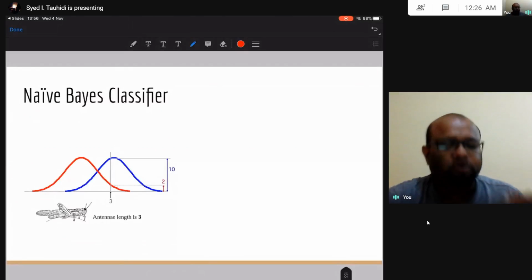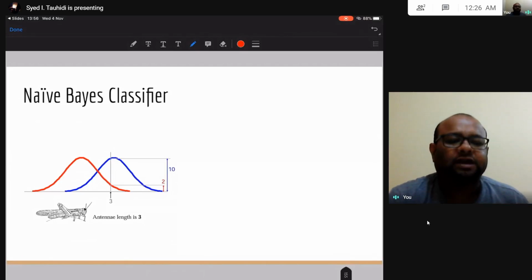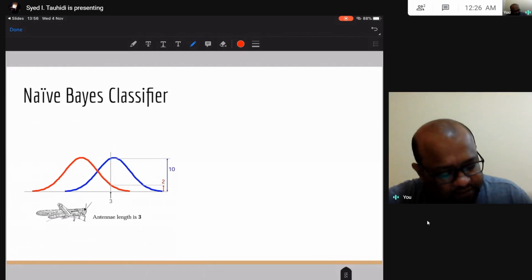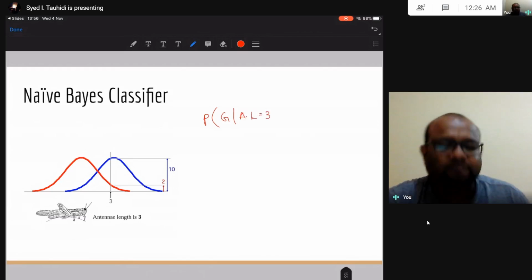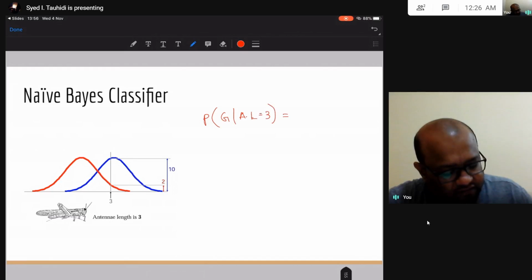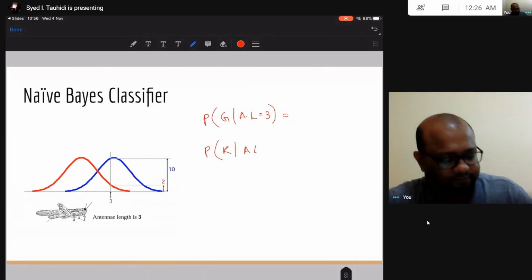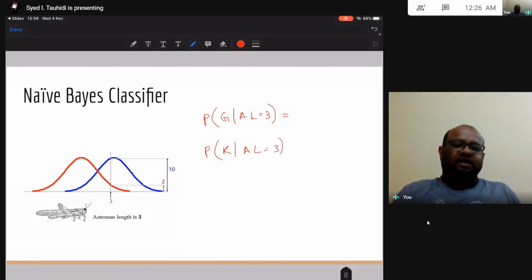So I am going to use that to make this probabilistic prediction. What is the probability of the insect being a grasshopper given that antenna length is equal to 3? And I have to answer what is the probability that the insect is a katydid given that antenna length is equal to 3.